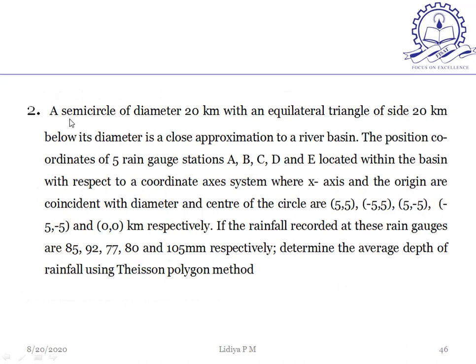Then next question. A semicircle of diameter 20 km with an equilateral triangle of side 20 km below its diameter is a close approximation to a river basin.